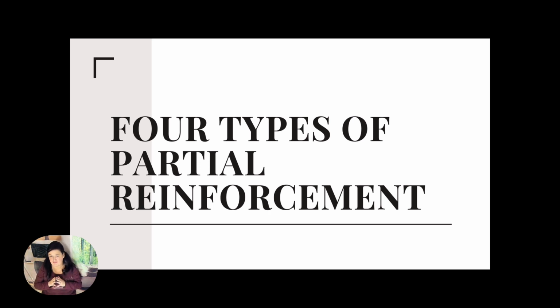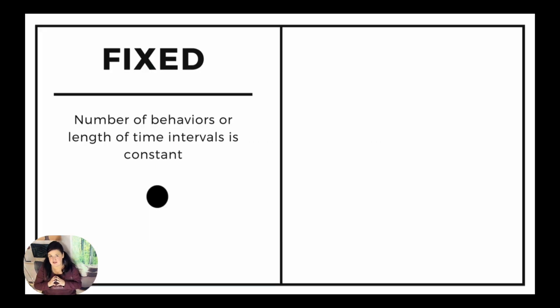The first type we're going to go over is called fixed. The number of behaviors or the length of time intervals are constant. So every time it's the same. The number of behaviors and the length of time within the intervals stay the same every single time.